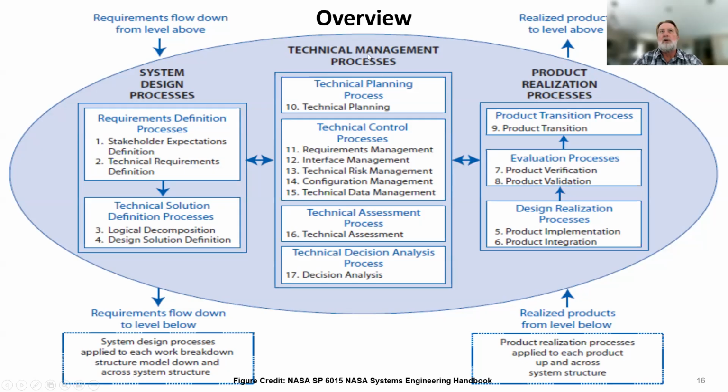You have the technical management process, which covers all aspects of the planning, the management of all the different data, risks, requirements, and configurations, the assessment process and decision making, and then product realization, verifying and validating that the product meets the requirements. So that flows back up to the realized product and certification of that product.